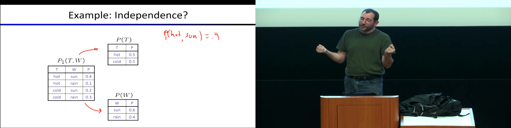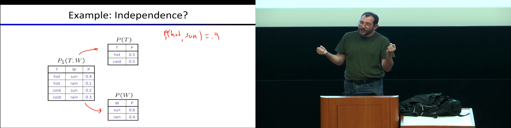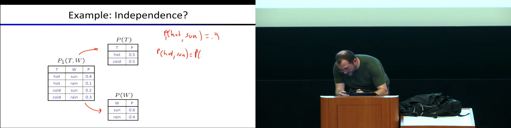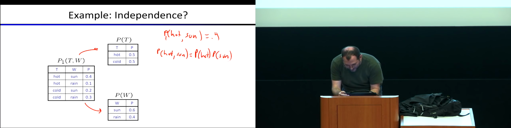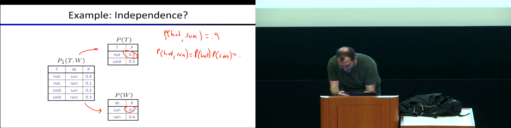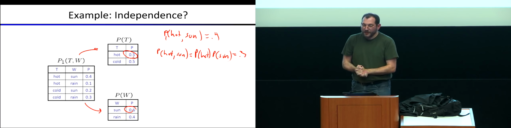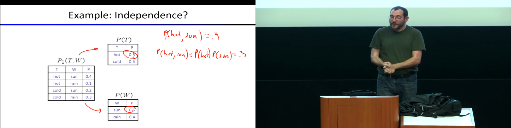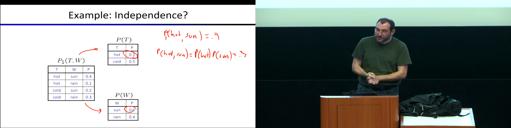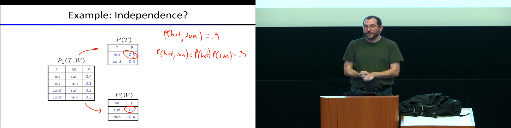In a distribution in which PT and PW were the marginals, and where independence held, I would know that P of hot, sun is equal to P of hot, the marginal, times P of sun. And so I can look those up. Well, here's P of hot, here's P of sun, and that's 0.3. What do we know? We know that P1 is not a distribution in which T and W are independent.